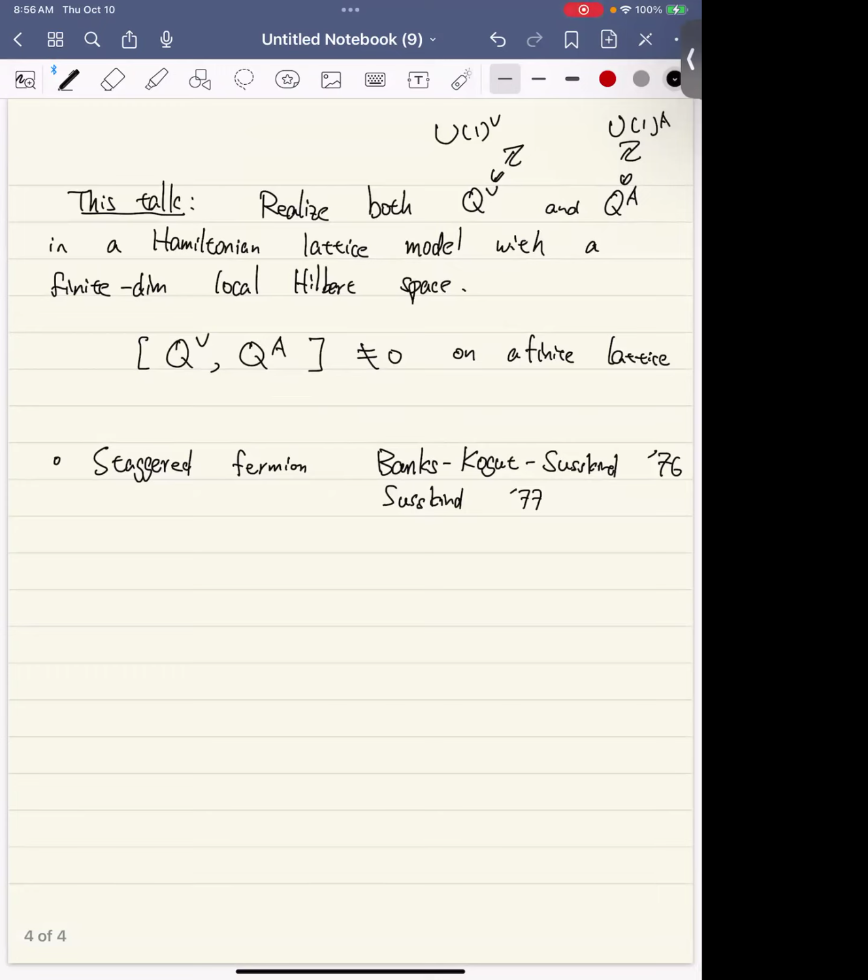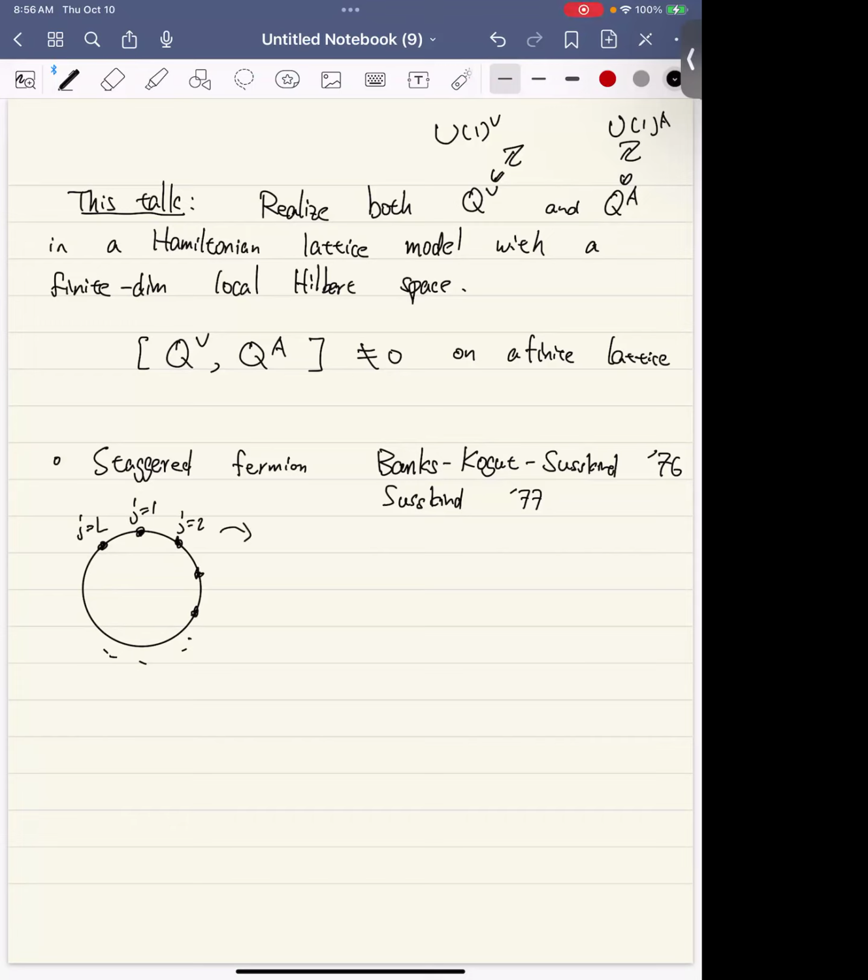So what's the model? It's a 1+1D Hamiltonian lattice model. So that means my space is discrete, but my time is continuous. My space has L different sites.